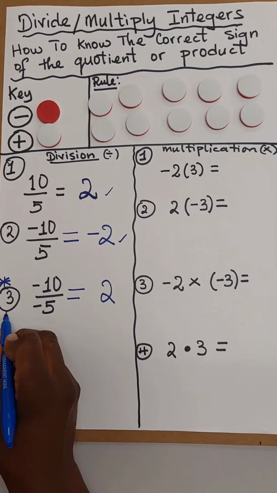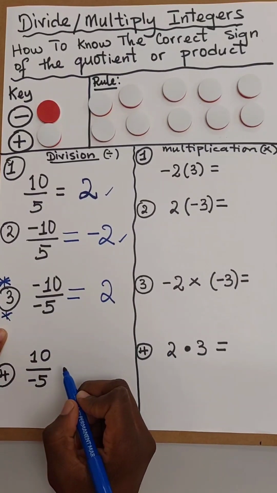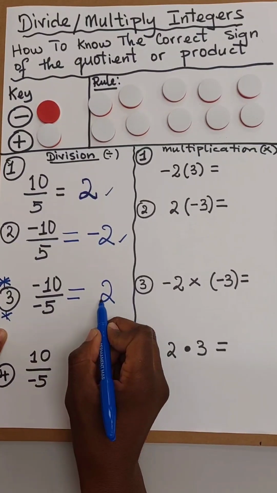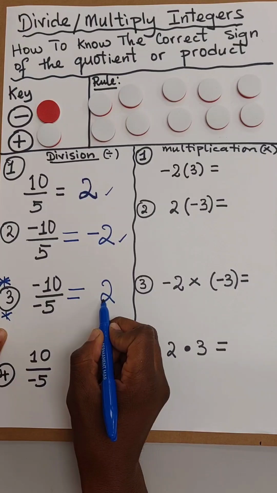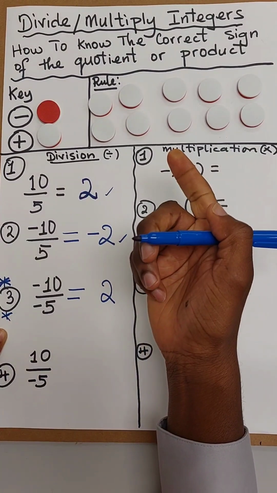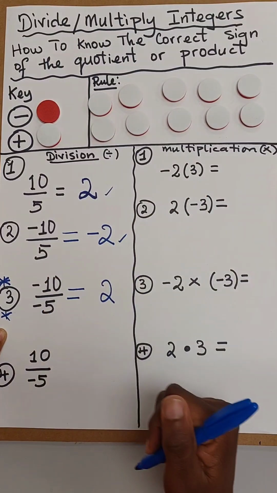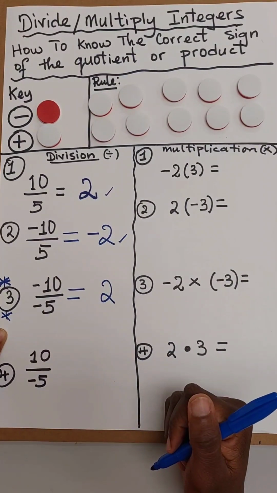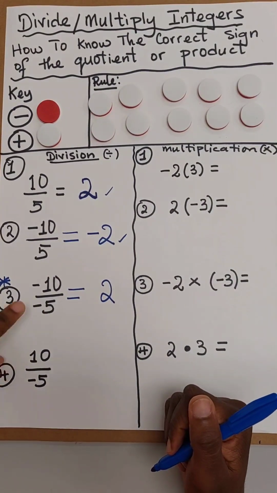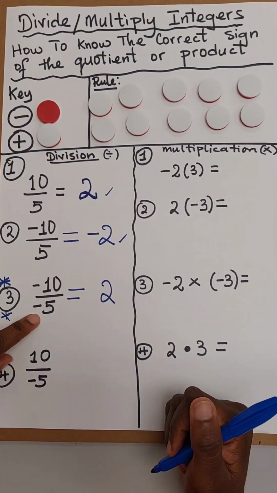The weird stuff is here. They're getting positive 2, white chips, because this negative at the denominator reversed the chips. So a negative at the denominator will reverse the chips.